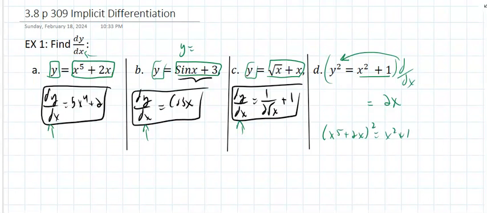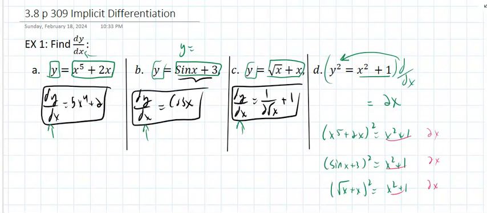If it was b, then that would have said sine of x plus 3, squared, equals x squared plus 1. And if it was c, that would have said square root of x plus x, squared, equals x squared plus 1. Now you'll notice the right side, when you take a derivative, is always 2x.